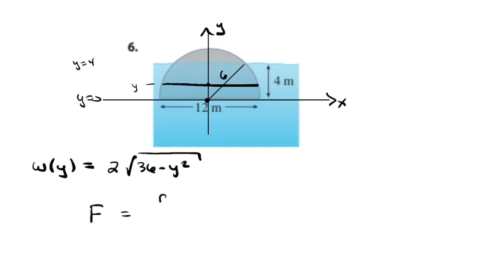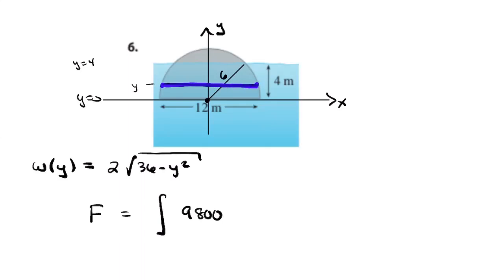The force should be the integral of, well, here we're working in meters, so the weight density of water is 9,800 newtons per cubic meter. What is the depth of this segment that I drew up here, right? So this is my segment, and I'm wondering what its depth is.